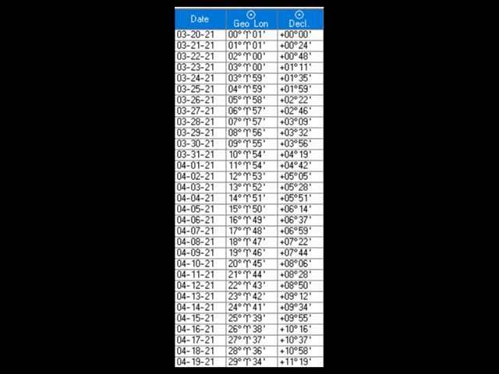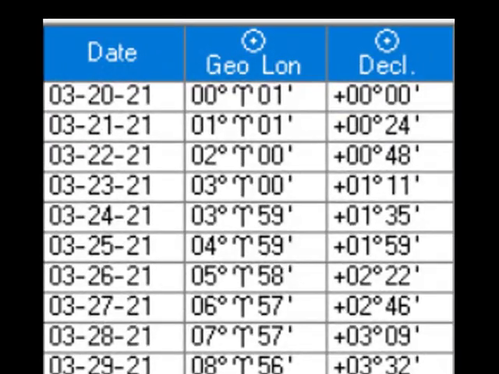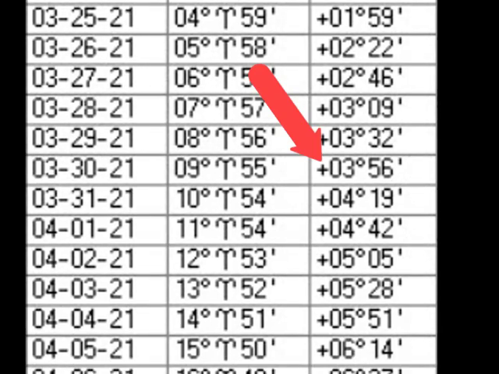For instance, we have the Sun at 1 north 59 increasing declination, and that always corresponds to 4 degrees of Aries 59 in the zodiac. We have the Sun at 3 north 56 increasing, and that corresponds always to 9 Aries 55 in the zodiac.